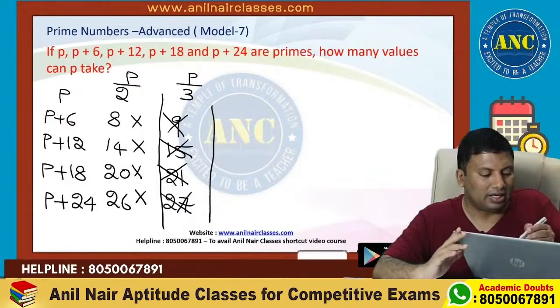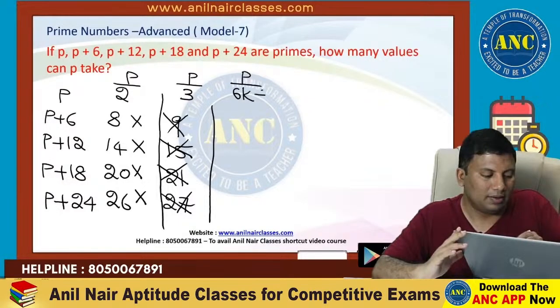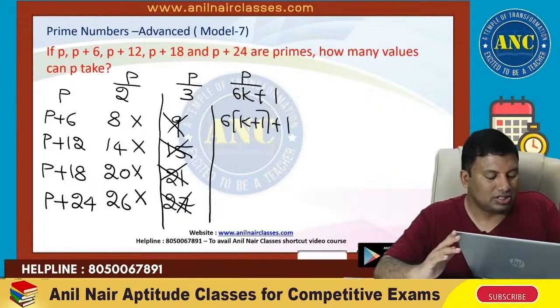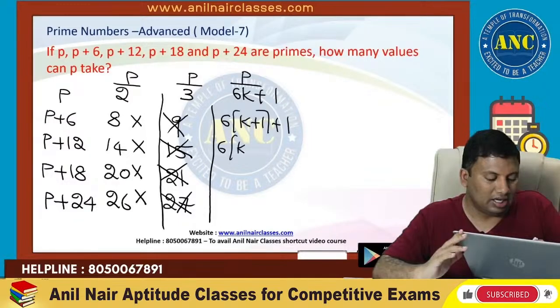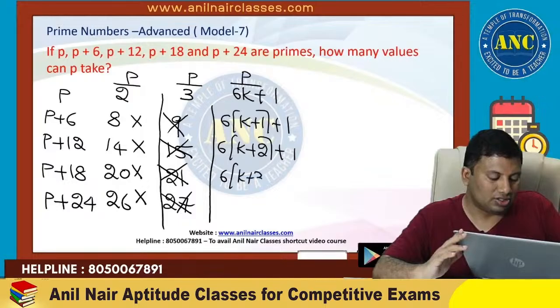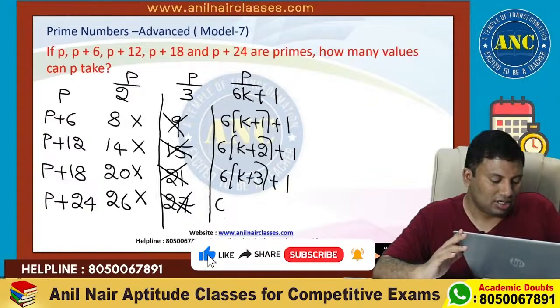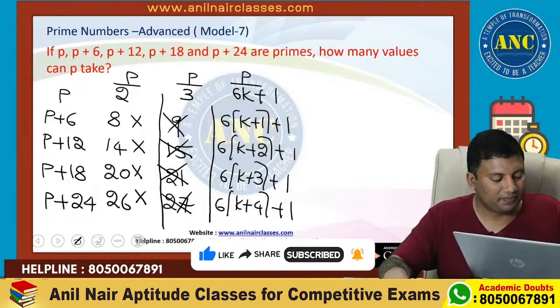If P is 6k plus 1, these are nothing but 6k plus 7, 6k plus 13, 6 into (k plus 2) plus 1, 6 into (k plus 3) plus 1, 6 into (k plus 4) plus 1.